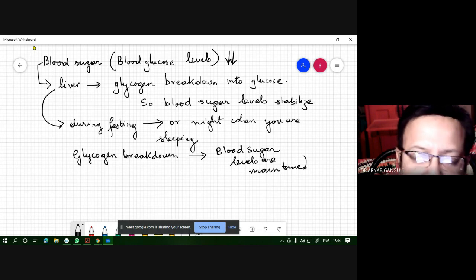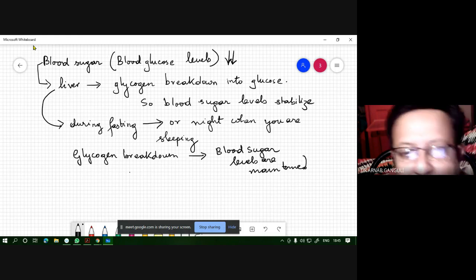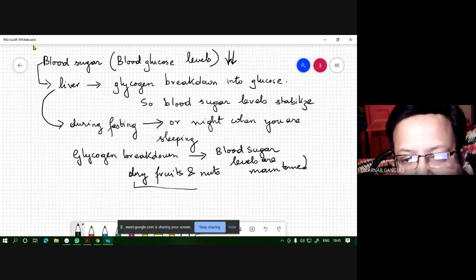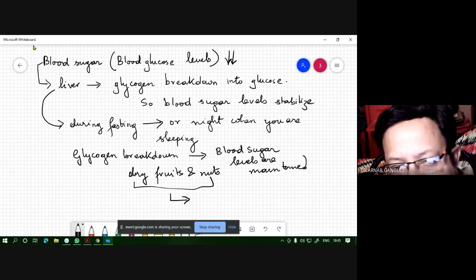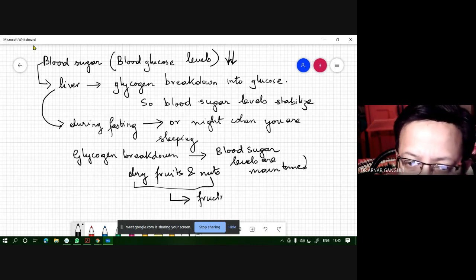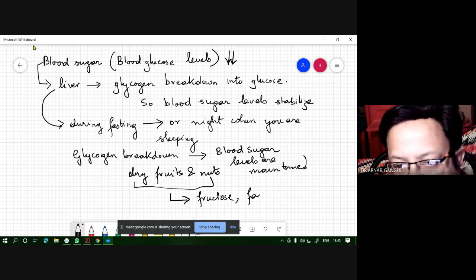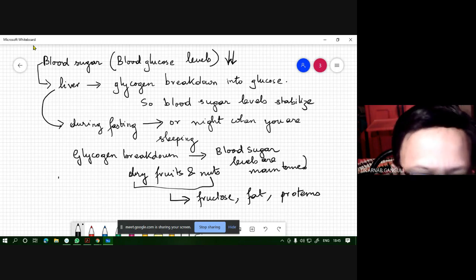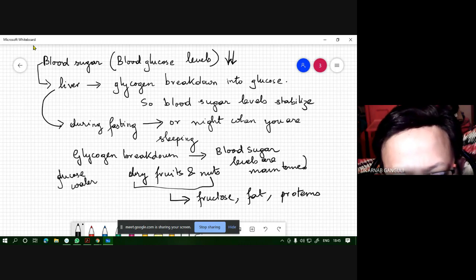Then after 6 o'clock or so, when you start eating, it's better to break fast with something like dry fruits and nuts, so that you get something like fructose, fat and protein. You don't immediately take glucose water, because it is not needed.